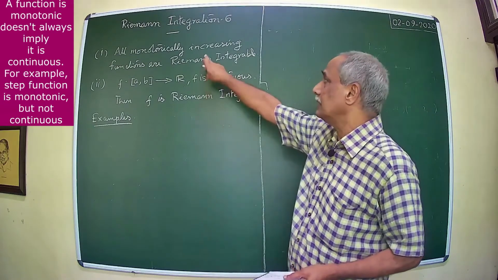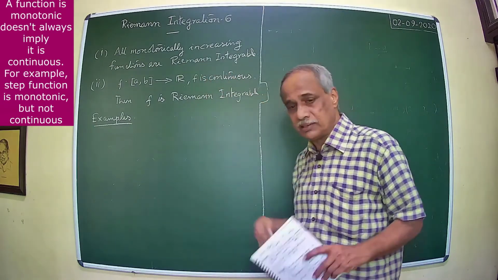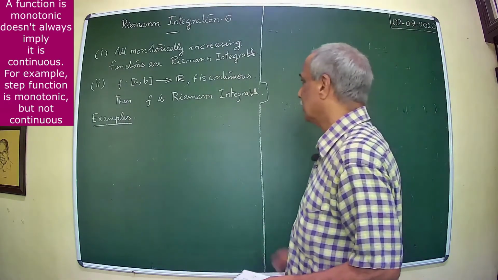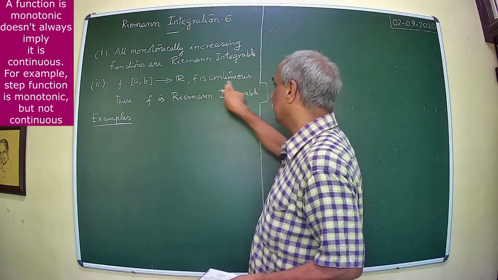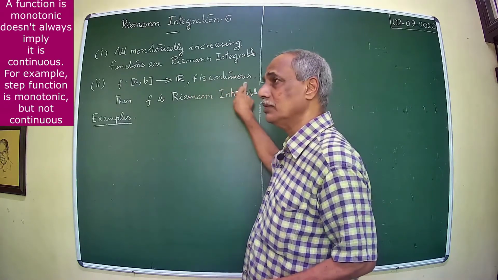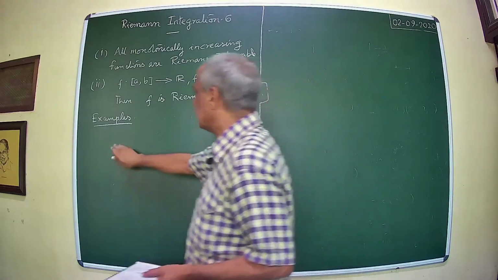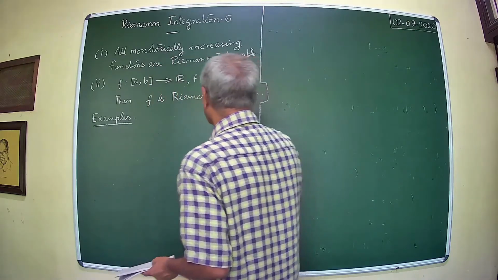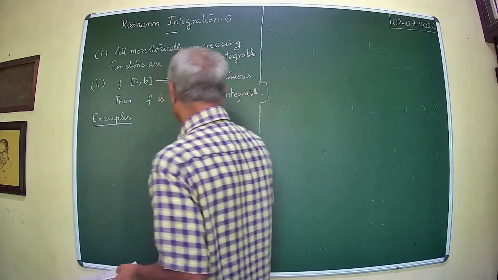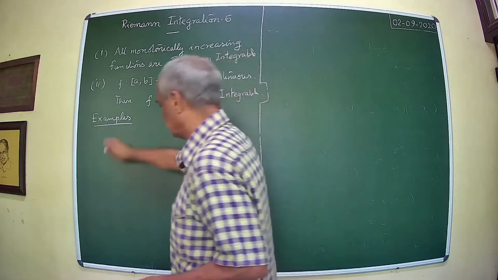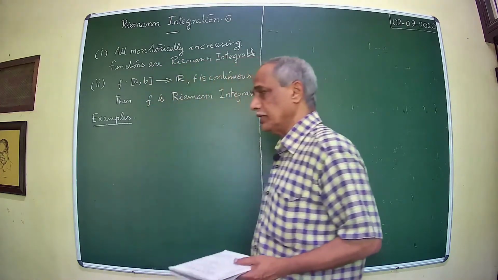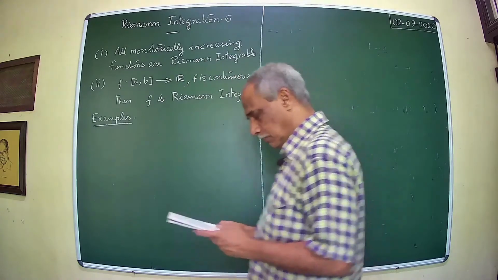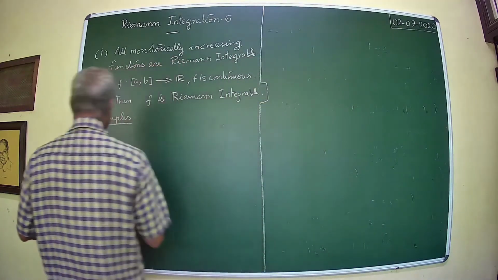So monotonicity does not imply the function is continuous. Here we have imposed continuity of the function. What we are seeing is, suppose you have a finite set of discontinuities for the function on the interval. Is that Riemann integrable? So this is the problem. So we examine some examples.